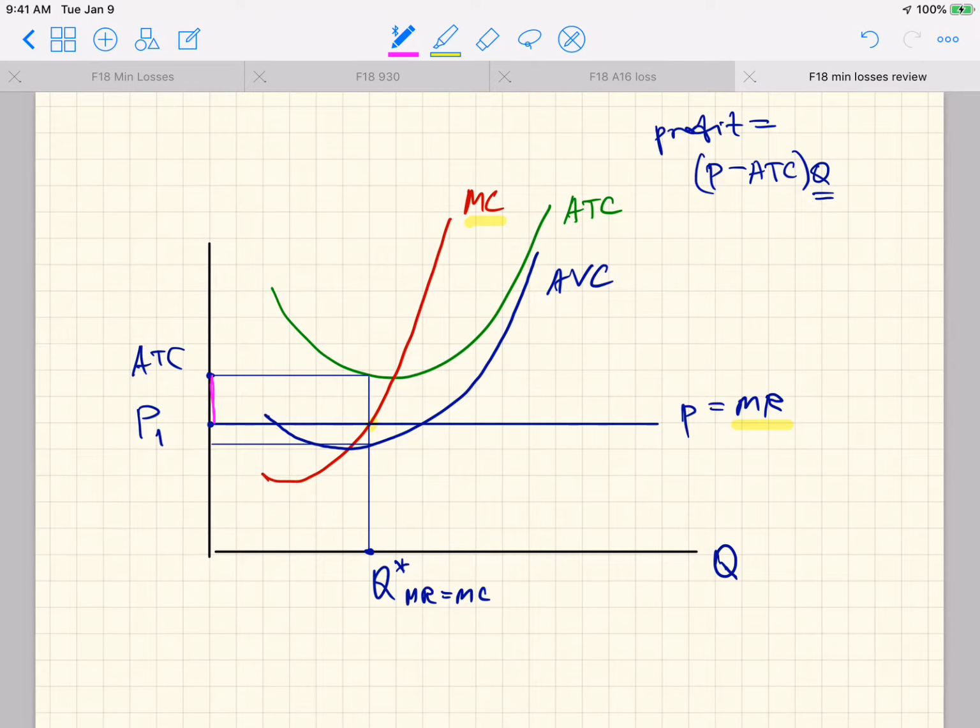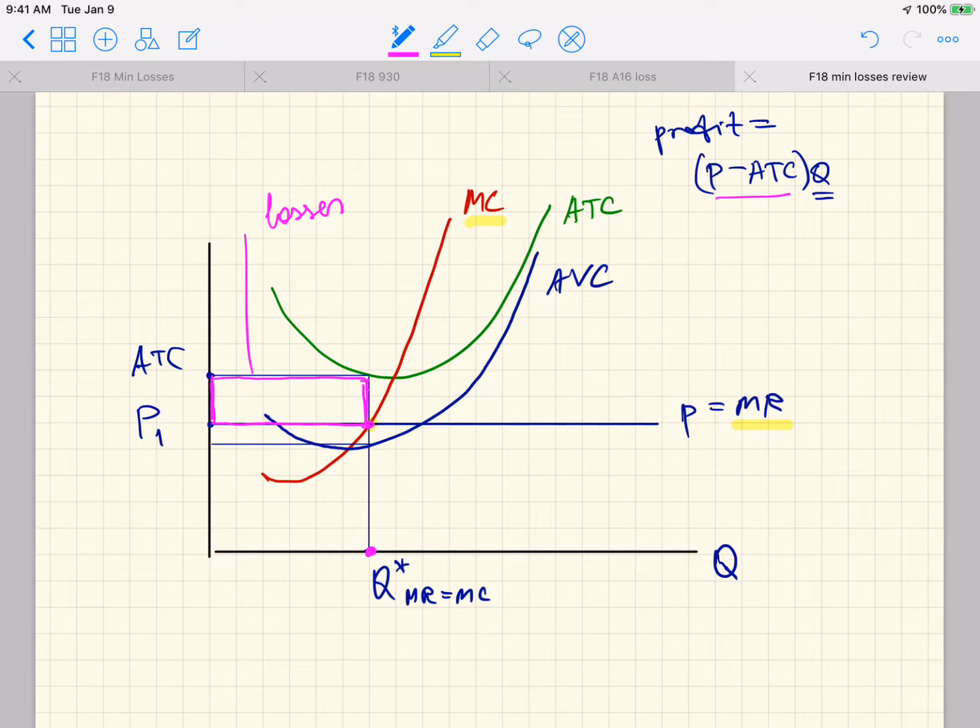So ATC minus P, or P minus ATC, which happens to be negative, right, times quantity gives us this rectangle, or box, which tells us what our losses are when we are producing at this level of output. Okay, that's how we find our losses.